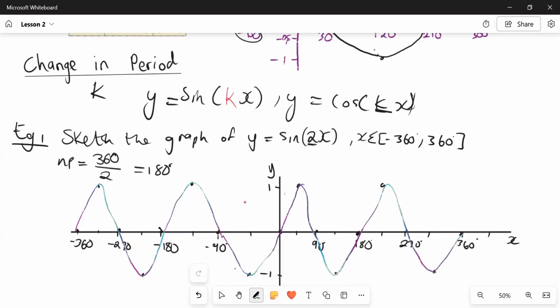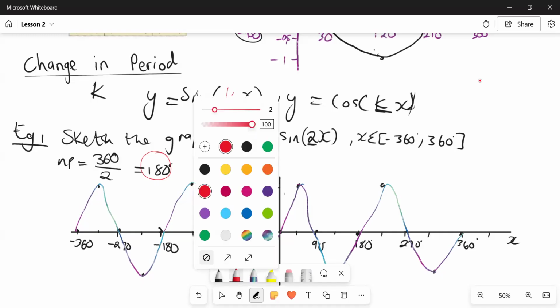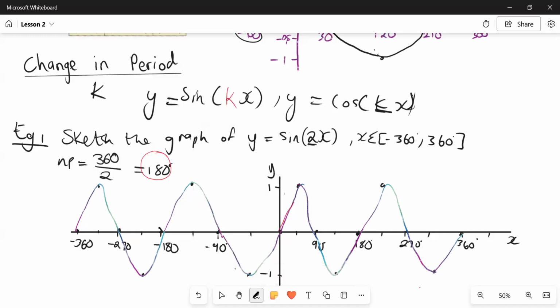Perfect. Now I want to emphasize something. You can see the period changed from 360 to 180. What does that mean? Let me show you in our graph. So here's our graph. This is the complete cycle. From 0 to 180, you get a complete cycle, which shows that the period has changed from 360 to 180.